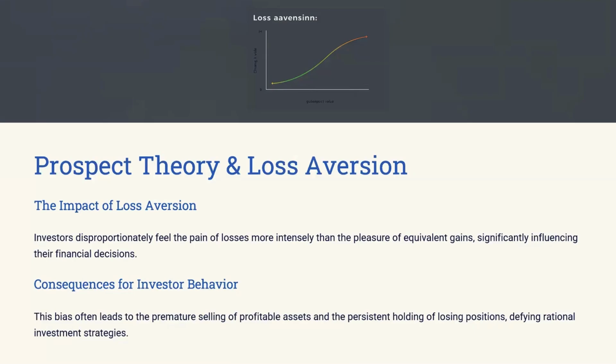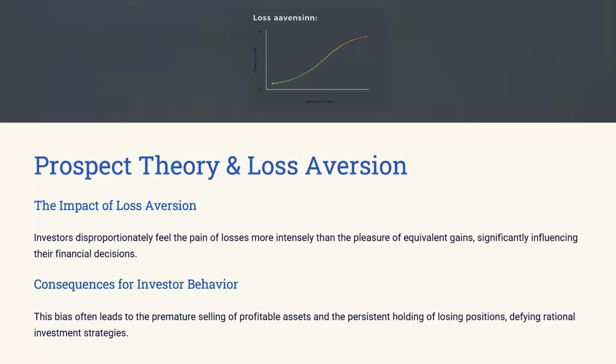It stands in contrast to expected utility theory by demonstrating that people evaluate potential outcomes not in terms of absolute wealth, but rather in terms of gains and losses relative to a specific reference point. A central tenet of prospect theory and a cornerstone of behavioral finance is loss aversion.